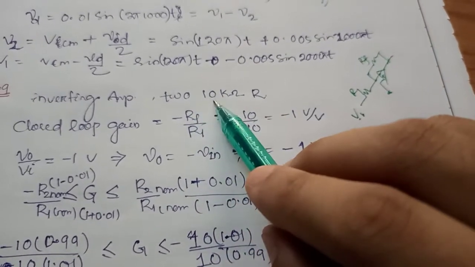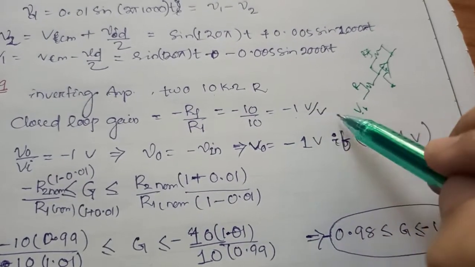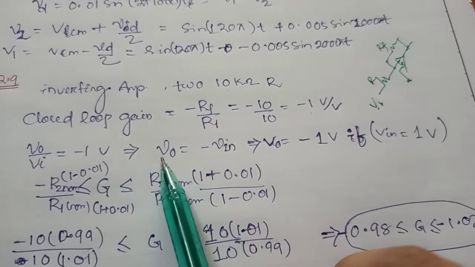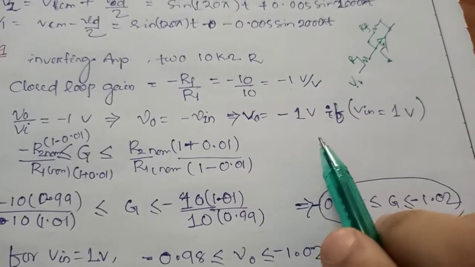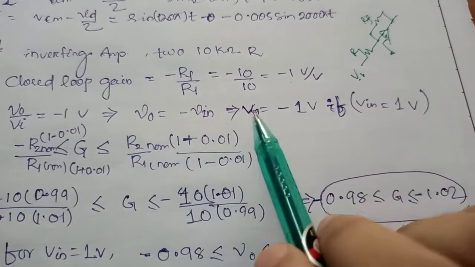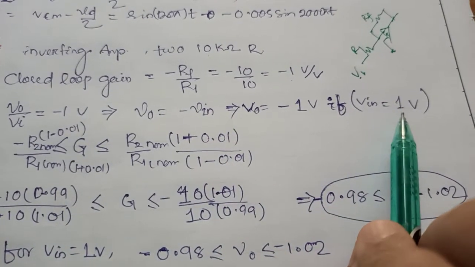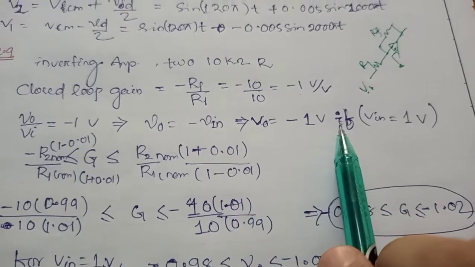Since both are 10 kilo ohm resistors, minus RF by R1 gives minus 1 volt per volt. So my Vout is nothing but minus Vinput. This is the closed loop gain. It is given in the question that our Vinput is a DC voltage of 1 volt, so our Vout is nothing but minus 1 volt.